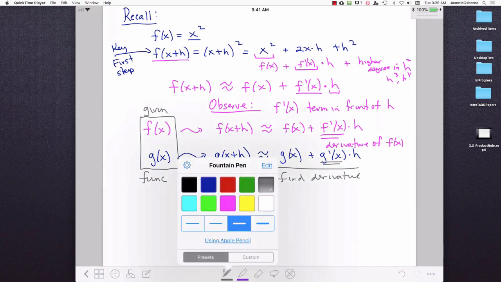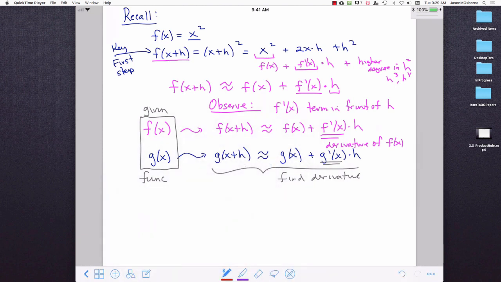Okay. So now here's the new idea. What if the function given to you is f of x times g of x? Then it might be a good idea to put in x plus h for everywhere you see the x. Okay.